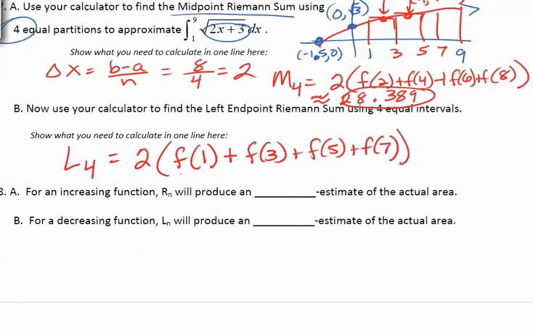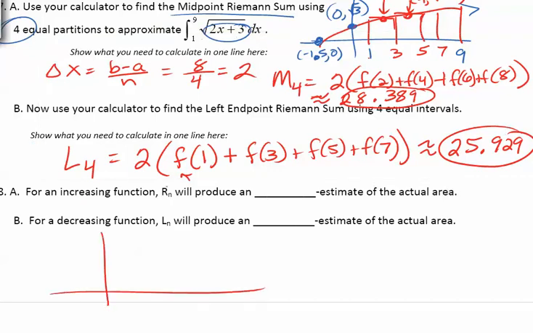And again, on your calculator, this would be a y1 of 1, a y1 of 3, and so on. And I have approximately 25.929.